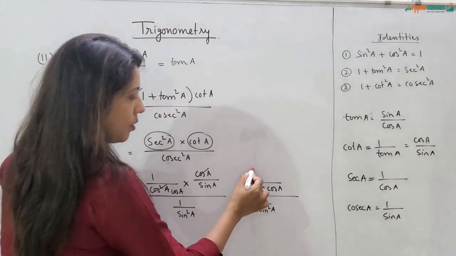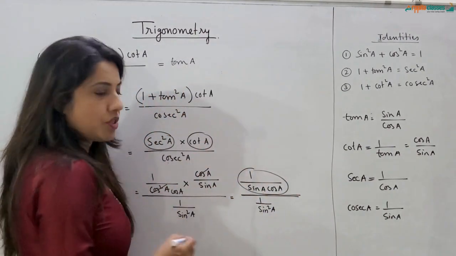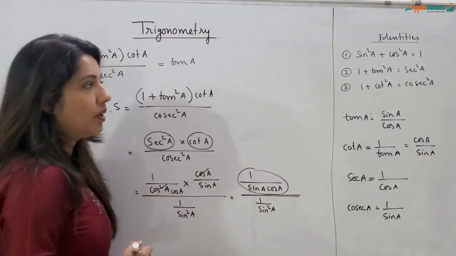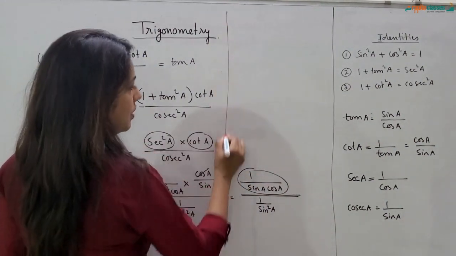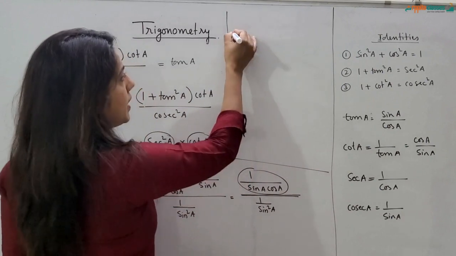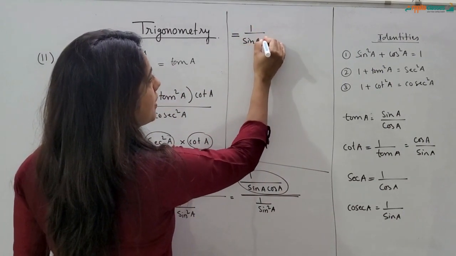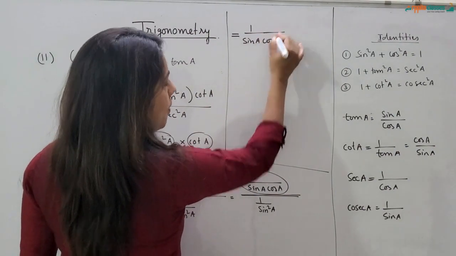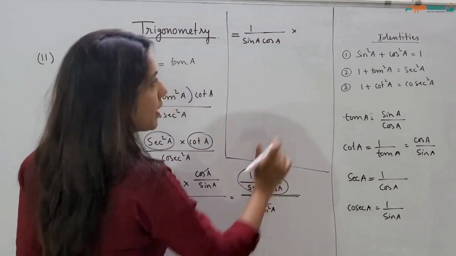Now I will be writing the numerator first, then I will put multiplication in place of division and then I will reciprocate the denominator. So in the next step it will be 1 upon sine A cos A. Now I will be putting a multiplication in place of division and then this will get reversed.